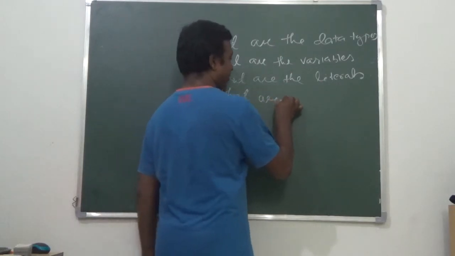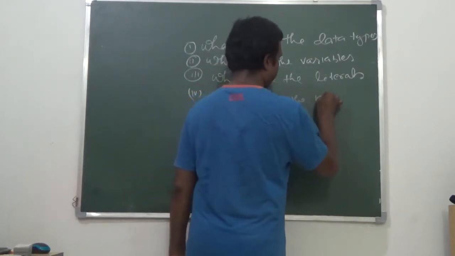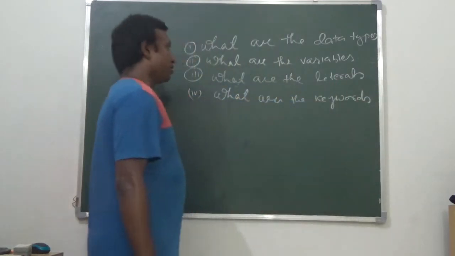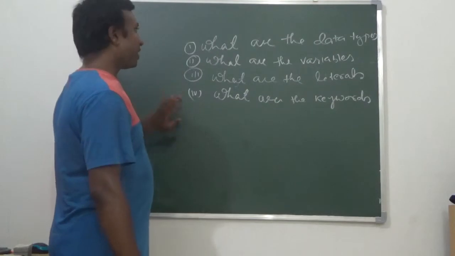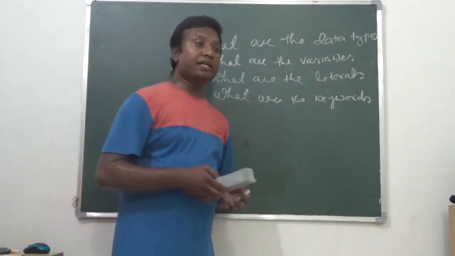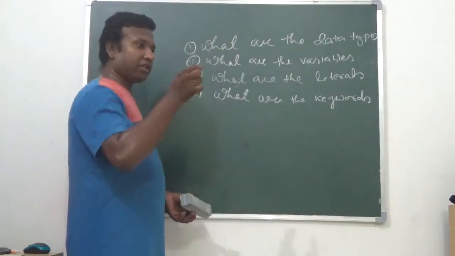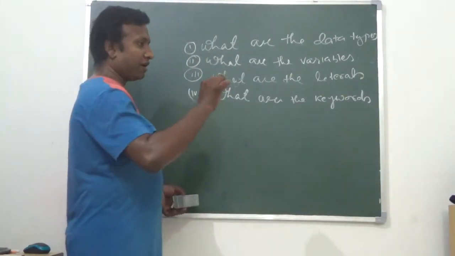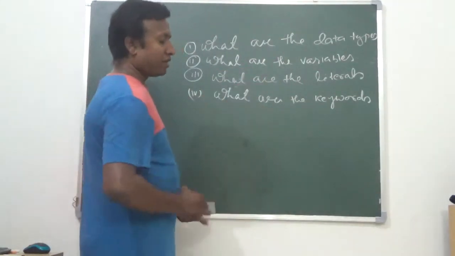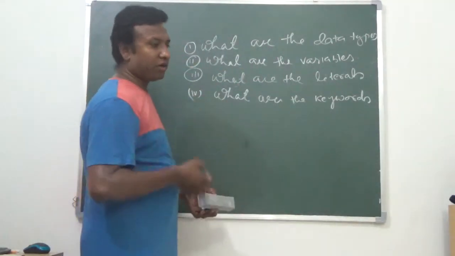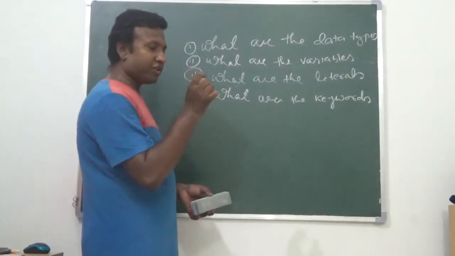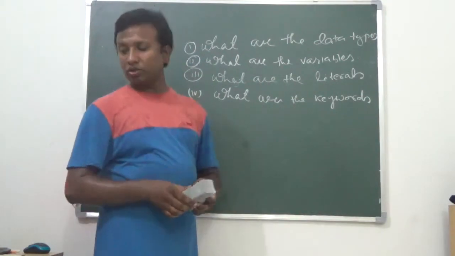What are the keywords used in the program? So these things we are going to identify, and if we encode that this particular thing is an identifier, this particular thing is a keyword, this particular thing is a literal, then that information is encoded in a token.